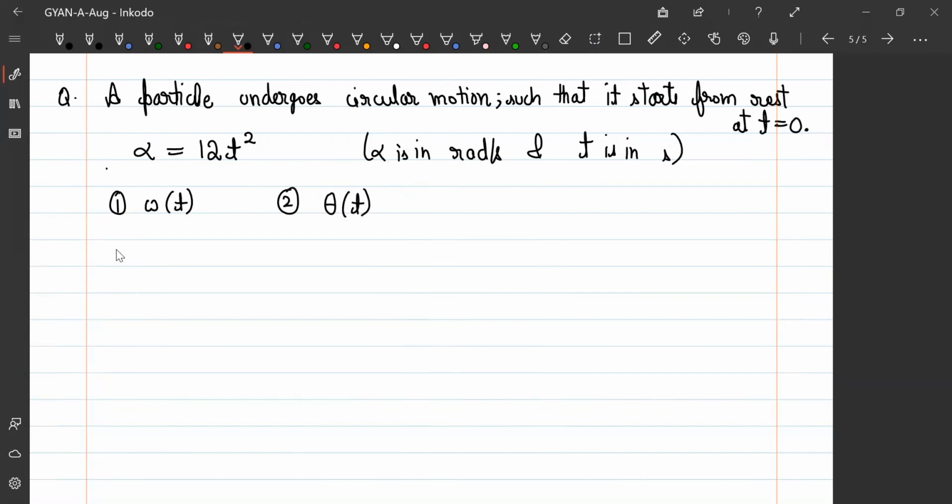Then find omega at t is equal to 2 seconds, and then find theta at t is equal to 2 seconds. You can assume that initially the angular position is 0.